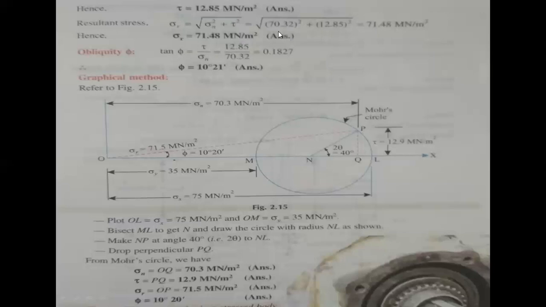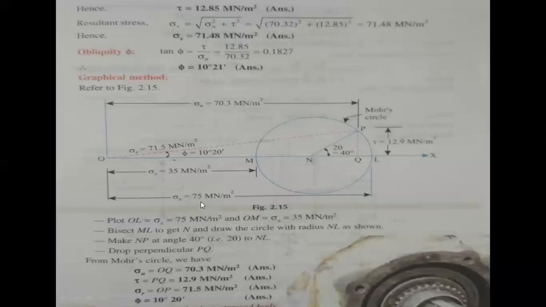So tan phi is 12.85 divided by 70.32, which is 0.1827, and phi is tan inverse 0.1827, which is 10 degrees 21 minutes. Now we'll draw the Mohr circle. We know 75 is given, so we'll take x in this direction, y in this direction. We'll draw a line of 75.